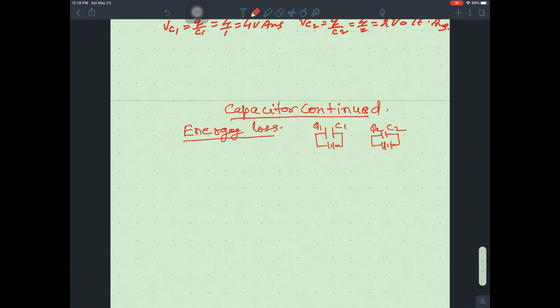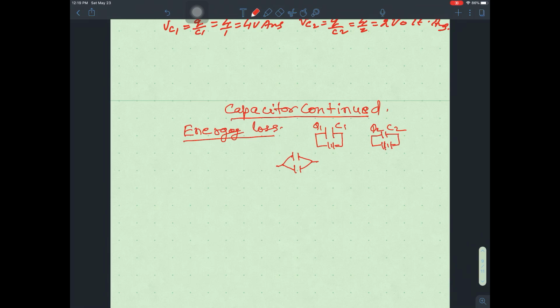When these two charged capacitors, C1 and C2, are connected, as the capacitance is different, the capacitor which is at higher potential will lose the charge, and the capacitor which is at lower potential will gain the charge.